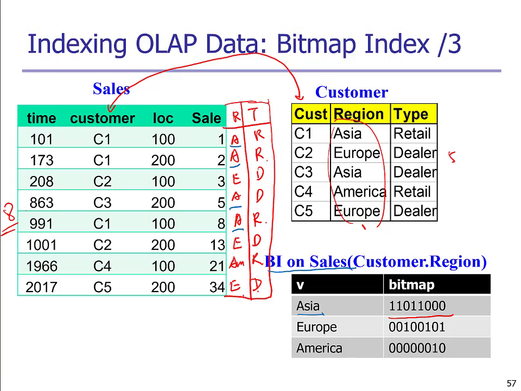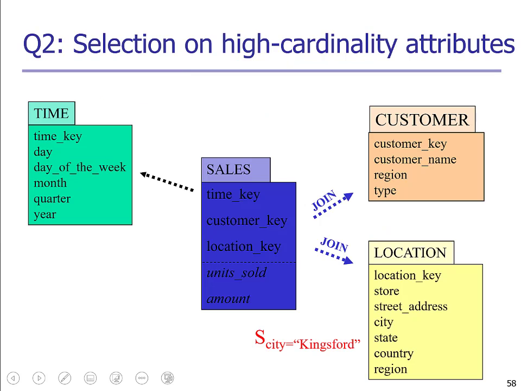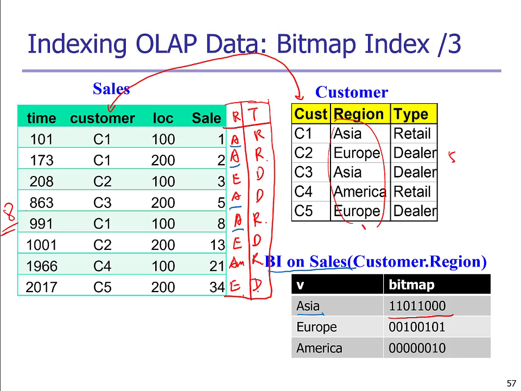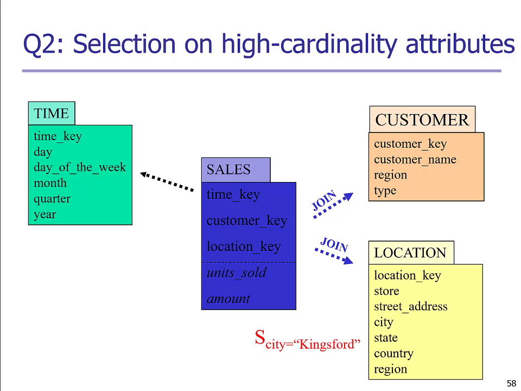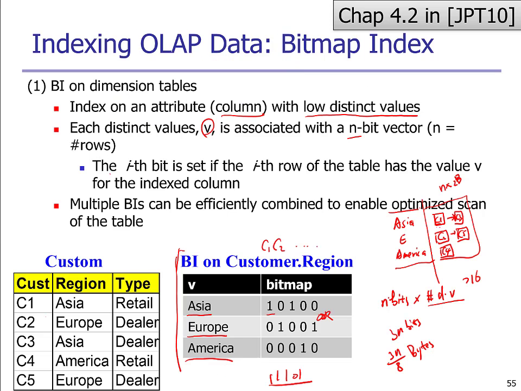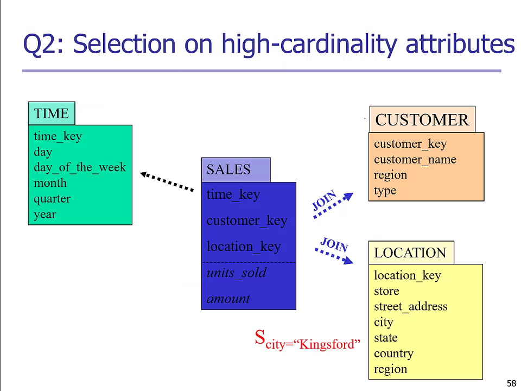All right. So we may stop here for today. Tomorrow we're going to continue to introduce other index methodologies. For example, as we have now introduced those for attributes with low distinct values, we will consider high cardinality attributes, right?